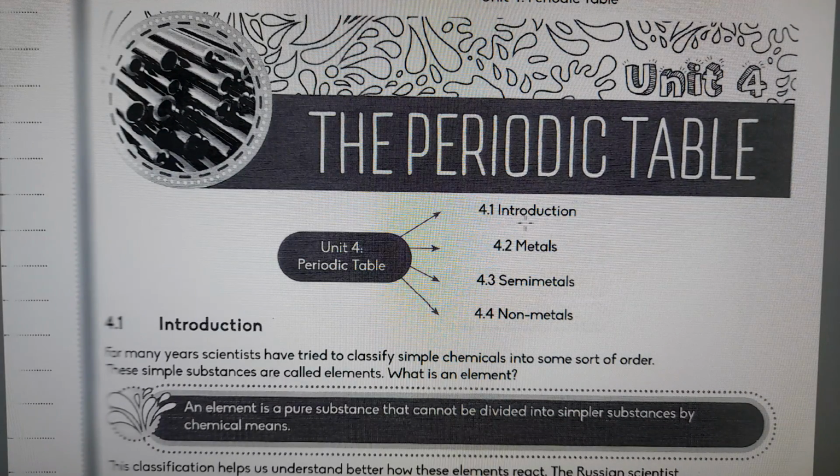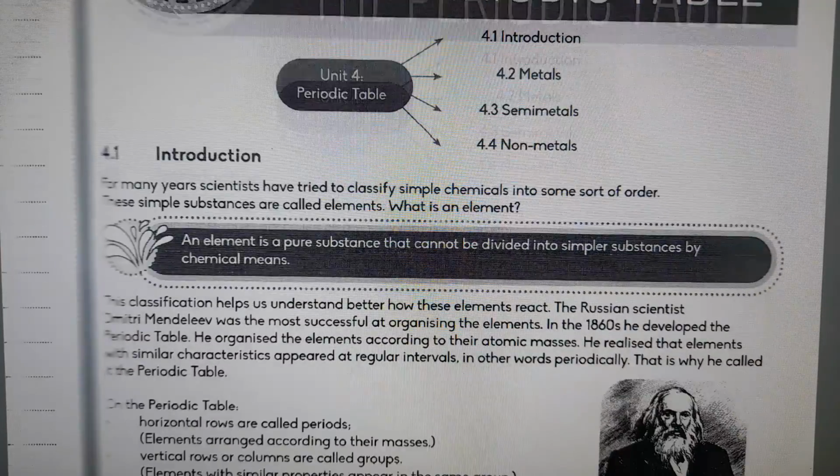We are going to get an introduction. We're going to look at metals, semi-metals, and non-metals. Okay, so now here they say that, let me take this up a little bit.